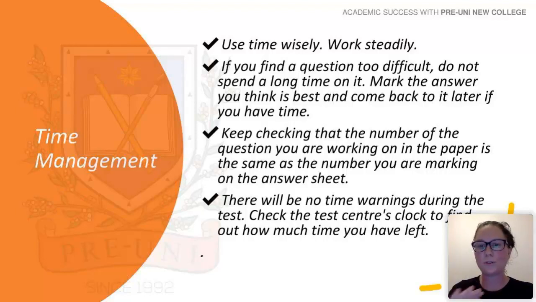Don't waste 2-3 minutes on one question, because when you think about all the questions there are, 10 or 20 questions, whichever section you're looking at, you want to be able to space the time out for those questions relatively evenly. Some questions, of course, take a little bit longer to answer than others, but don't get stuck on one and then not move forward, because you're robbing yourself of all that time later on.